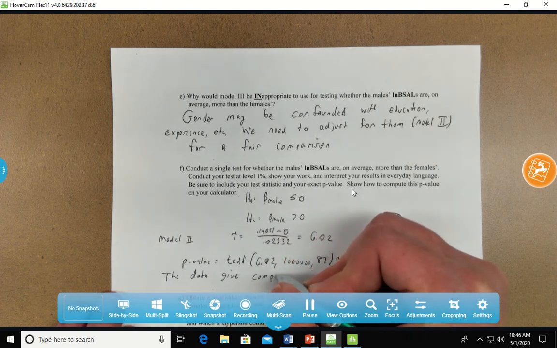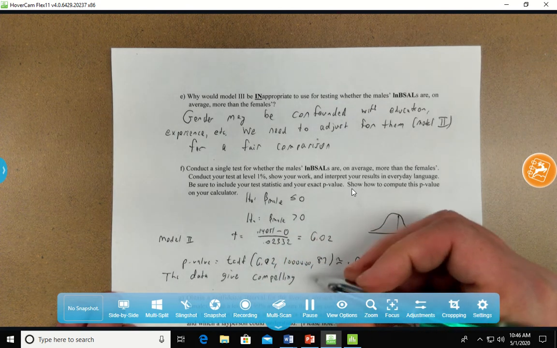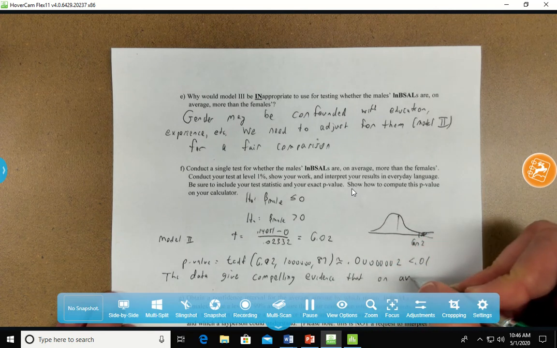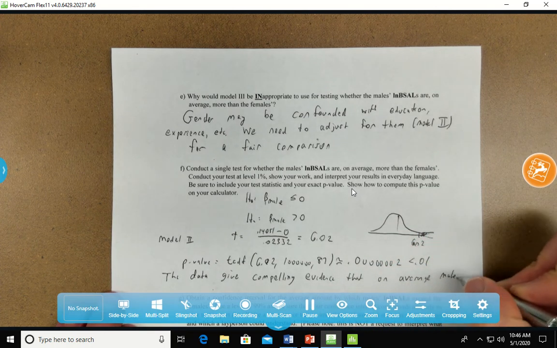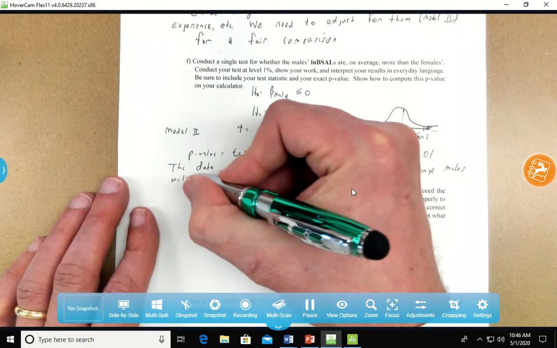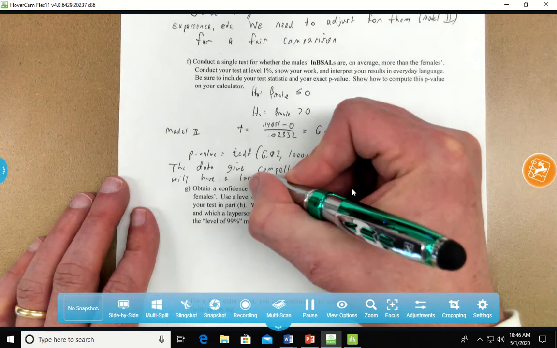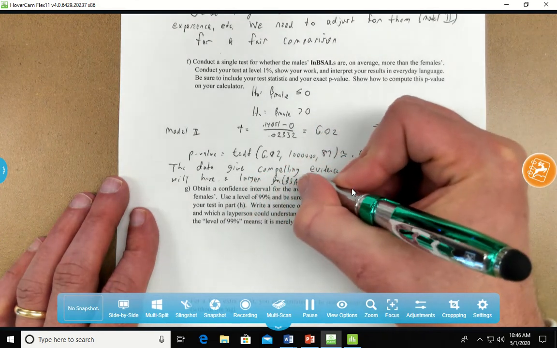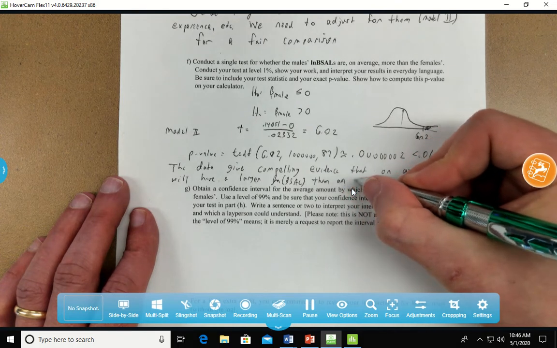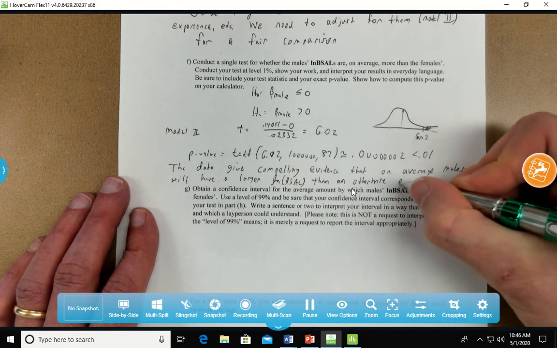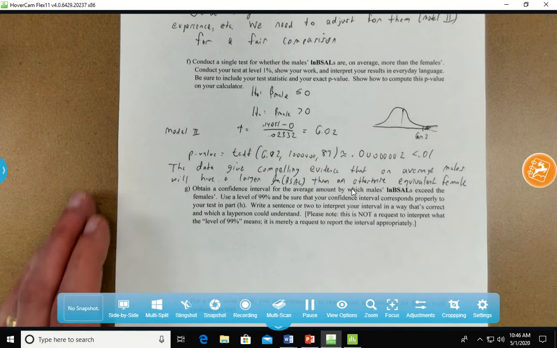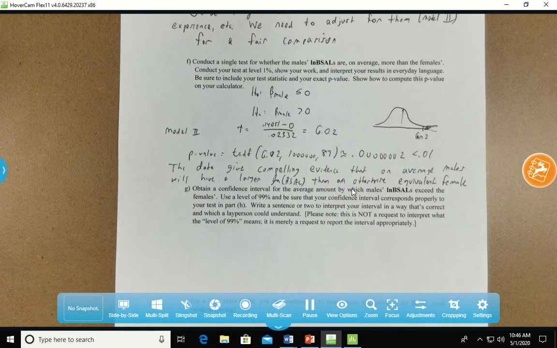So I'd put compelling evidence that on average males will have a larger natural log of the bank salary than an otherwise equivalent female.